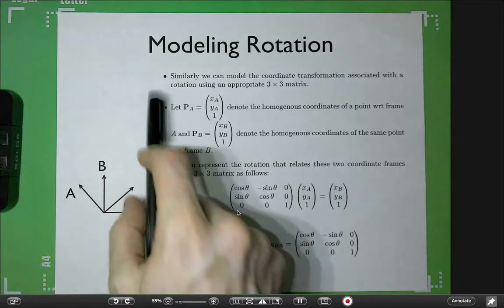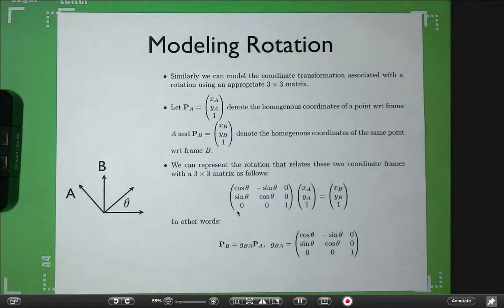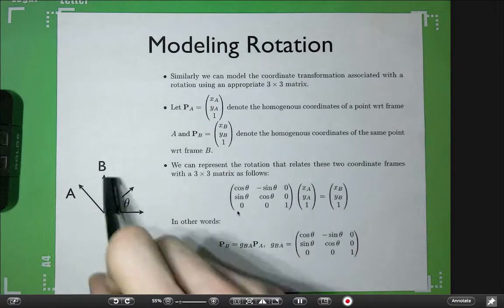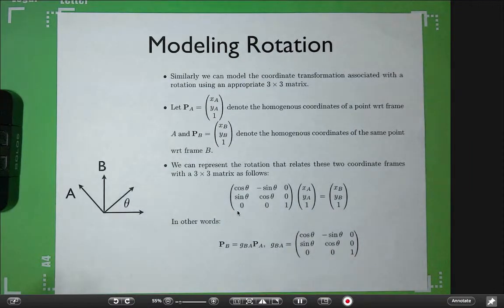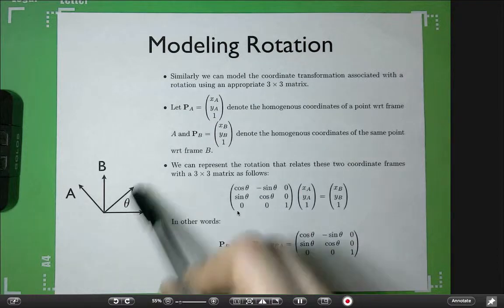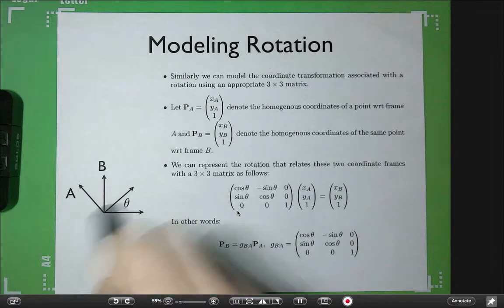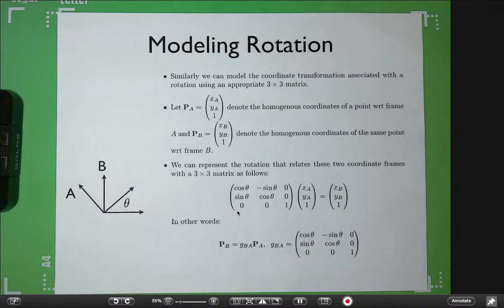Let me explain how we do the rotation. It's simple, you could probably figure it out by now. Again, the point is to transform the coordinates of one point, represented with respect to one frame, to get the coordinates with respect to a different frame. This time, the two frames or coordinate systems differ by rotation. It's in 2D, so the rotation is always about the axis pointing up, and angle theta is our rotation.